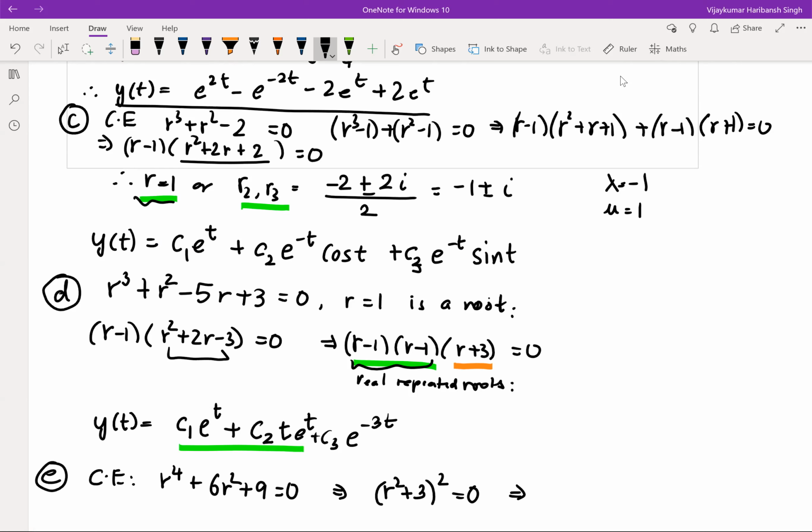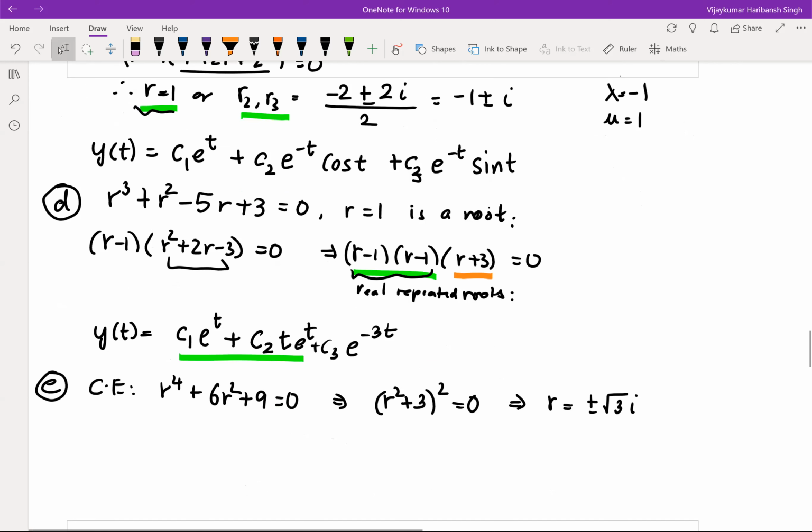This gives me r equals plus or minus root 3 i, but with what? Each has multiplicity 2, or we call this a double root. So therefore, what will be the roots?